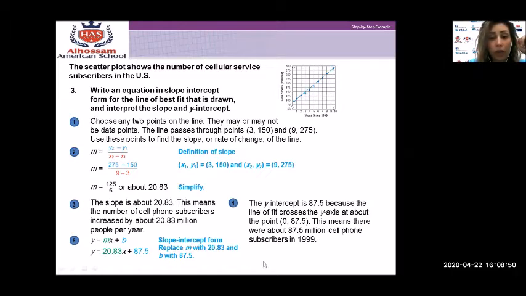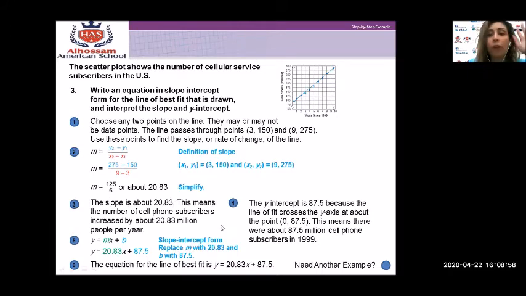Now, if I ask you to find the value of y if x is 5, I can easily replace x with 5 and find y. How? Because we have the slope m and the y-intercept b.